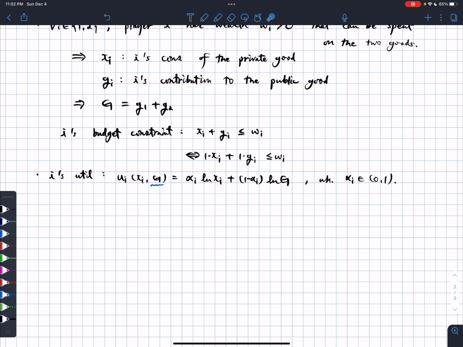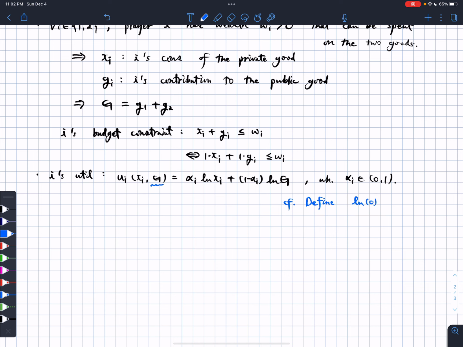And of course, whenever we have this kind of log utility function, we define log 0 equal to minus infinity. That means that at a solution, we will never have x_i or big G equal to 0, because in that case, we will have just minus infinity for player i's utility, right?